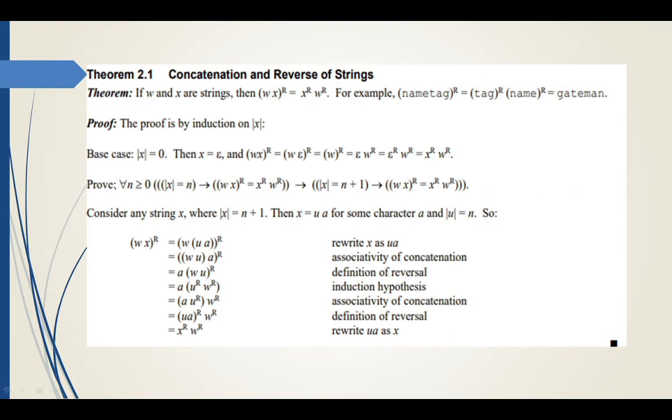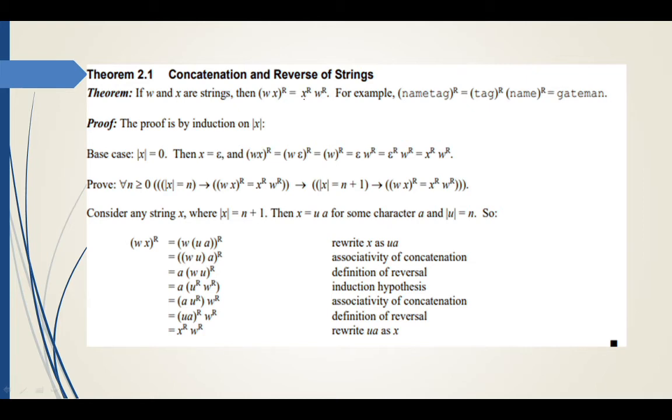There is a theorem for this concatenation and reversal of strings. Assume that w and x are strings, then (wx) raised to r equals what? w and x are two different strings, so wx indicates the concatenation of the two strings.